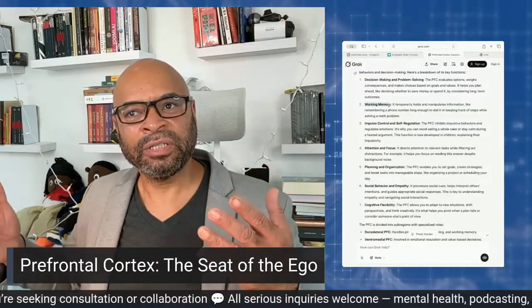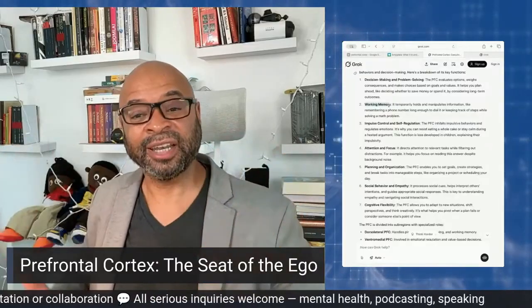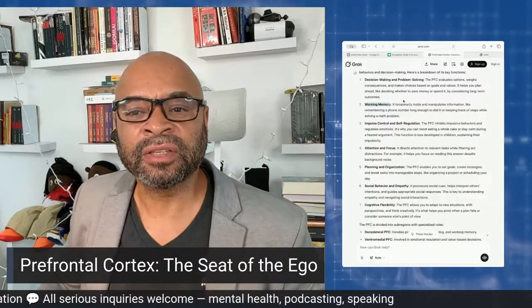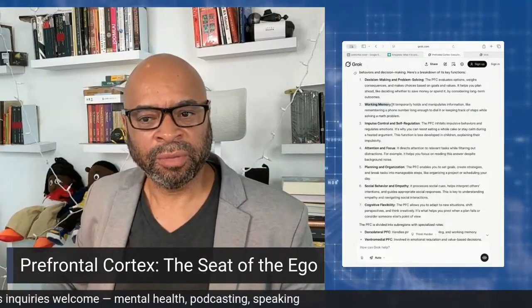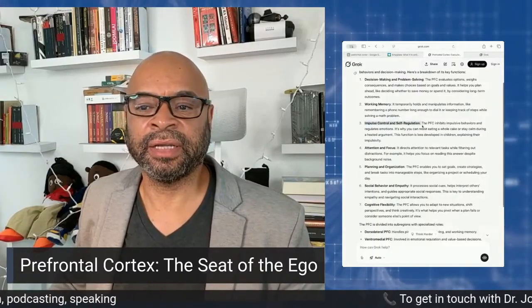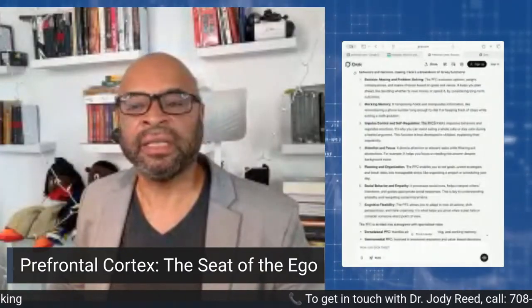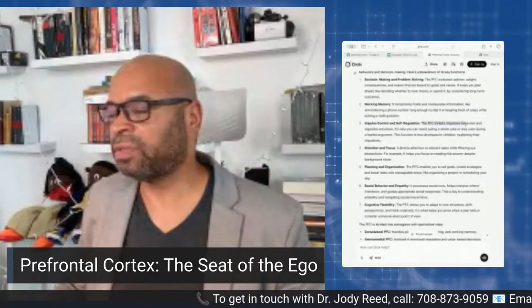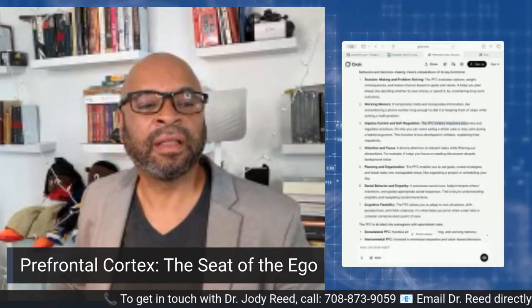And that's probably one reason why they couldn't figure out that this was actually a ladder in the first place, because their working memory is impaired. So the working memory is very important. Impulse control and self-regulation, right? The PFC inhibits impulse controls and behaviors.